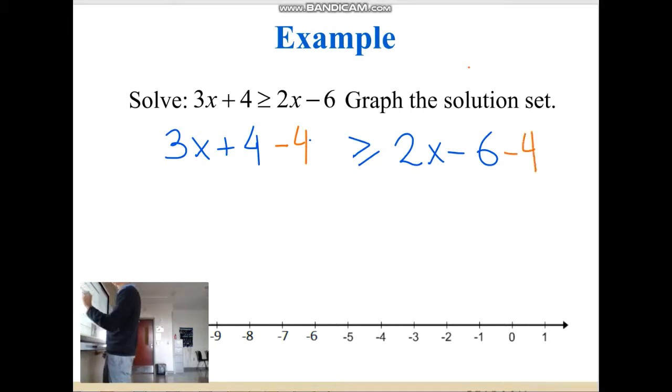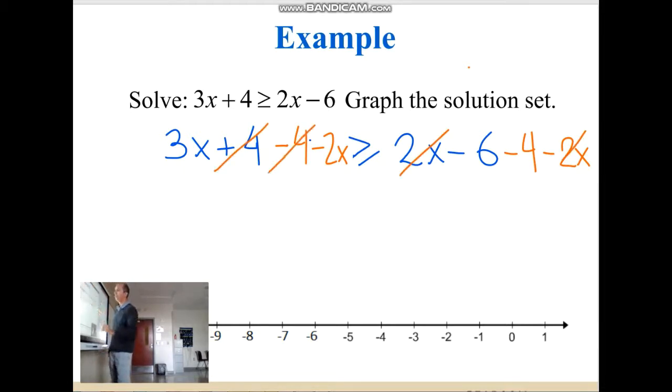And another thing that we can do is subtract 2x from both sides. Then we simplify: we have only x on the left-hand side, 3x minus 2x, x greater than or equal to negative 6 minus 4, negative 10.